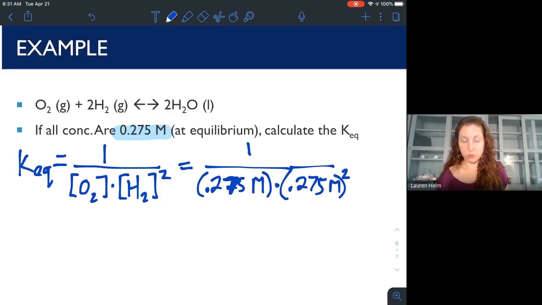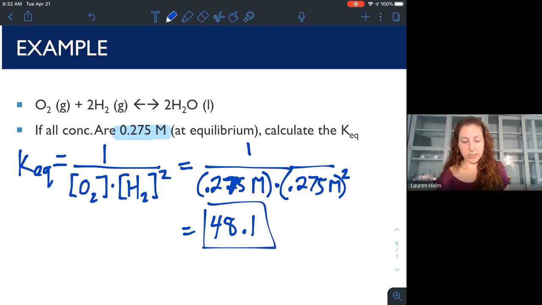All right, once we've plugged that in, then we're going to solve for this. So, order of operations, what you want to do is do 0.275 squared first, then multiply by 0.275, then do 1 over that answer, and you should get 48.1. Remember, this is a unit-free number.